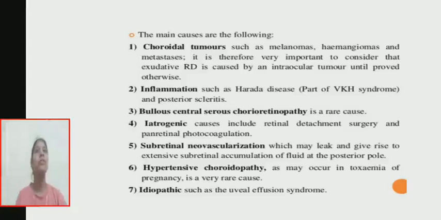Bullous central serous chorioretinopathy is a rare cause. Iatrogenic causes include retinal detachment surgery and panretinal photocoagulation. Subretinal neovascularization may leak and give rise to extensive subretinal accumulation of fluid at the posterior pole.